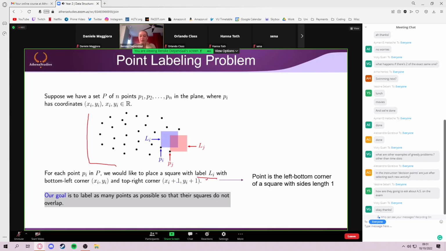We place the square where the bottom left corner is equal to the coordinates, with sides of length 1. We want to place as many of these squares as possible, but we don't want the squares to overlap. So for example, we can't count the squares for both of these points because they overlap. So now we need to find a way to label as many points as possible.